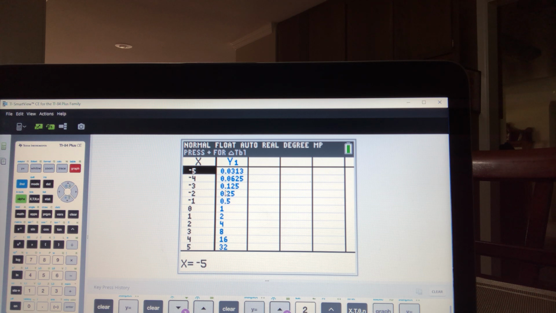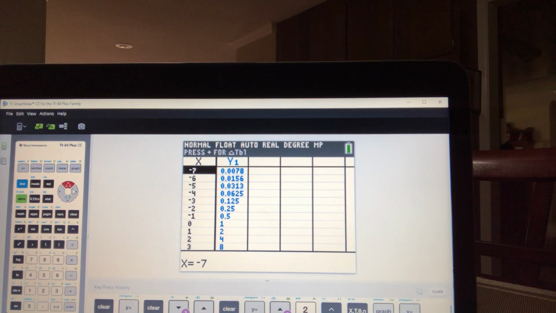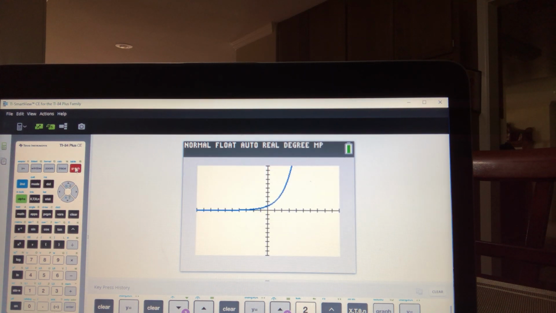As we go further and further in the negative direction, these numbers are getting smaller, but they're not quite reaching 0. So there's an asymptote at 0. When you make your graph on your paper, you will need to draw the asymptote, which is the horizontal dotted line, and then fill in the points from the table.